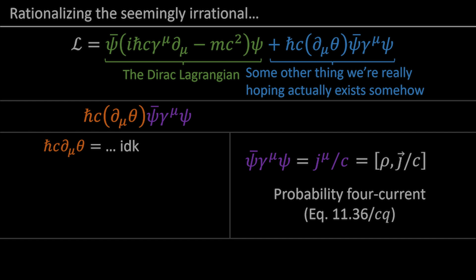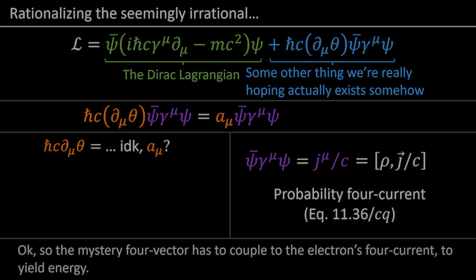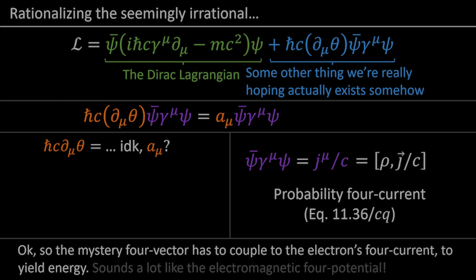Now, if you look at the orange term, you see the downstairs mu in the four-gradient and a couple of constants, so that's going to be a covariant four-vector. And we know that because the Lagrangian density has units of energy density, this orange term is going to be some kind of covariant four-vector that's going to couple to the four-current in an energetic way. Which, by the way, sounds a lot like the electromagnetic four-potential.